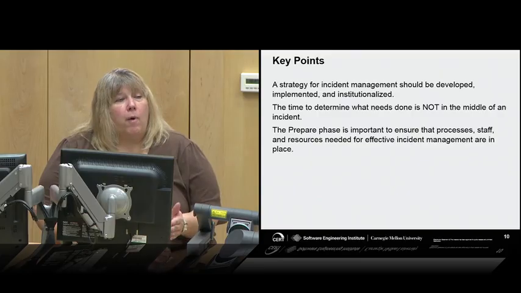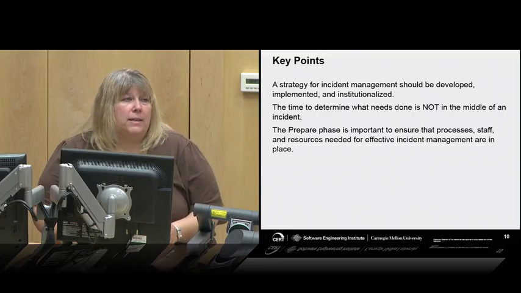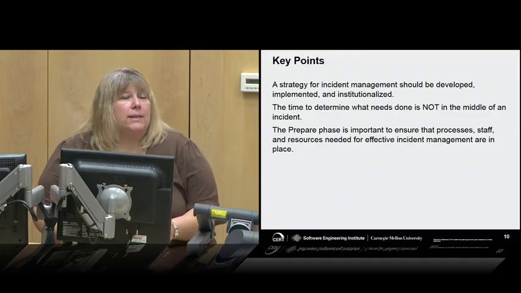place. Now, part of that prepare process that we didn't mention is that you have to test the processes that are in place. If you have a plan, you need to test the plan. If you have a communications plan, you need to test the plan.